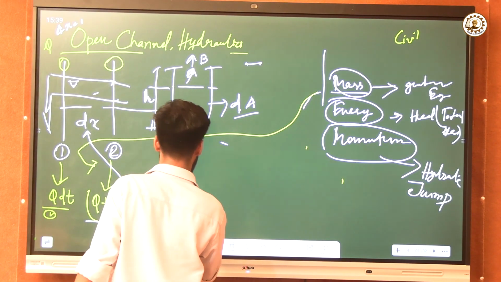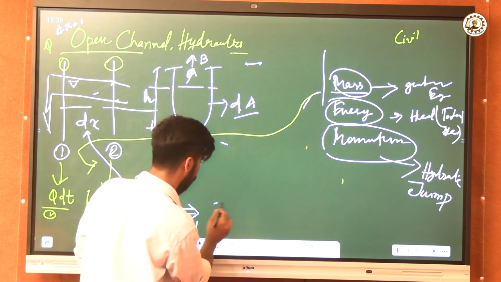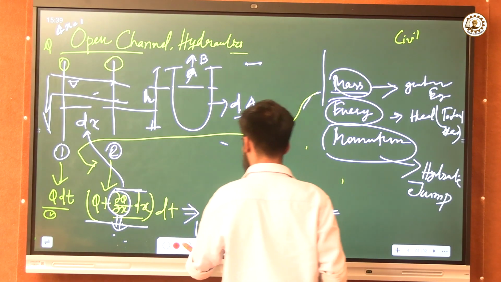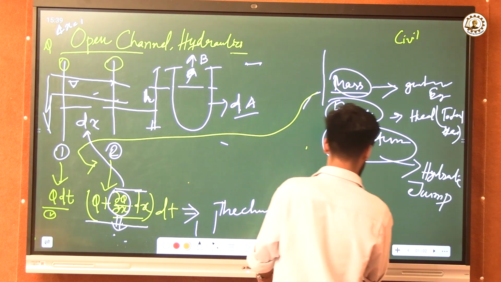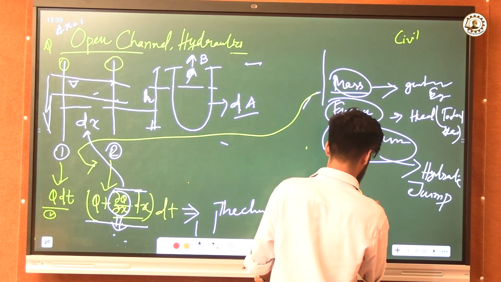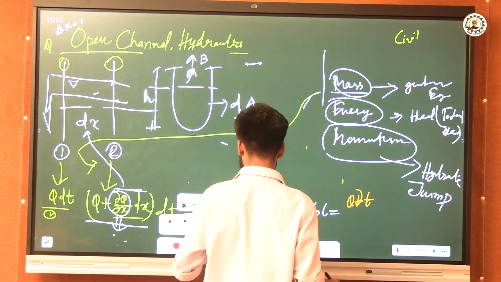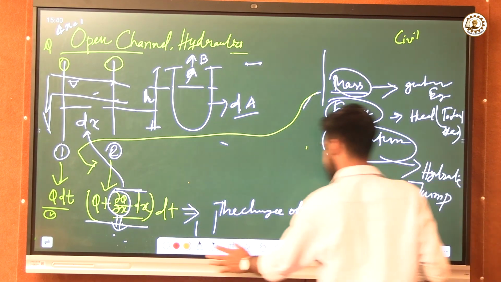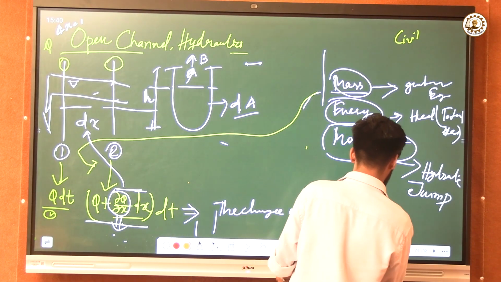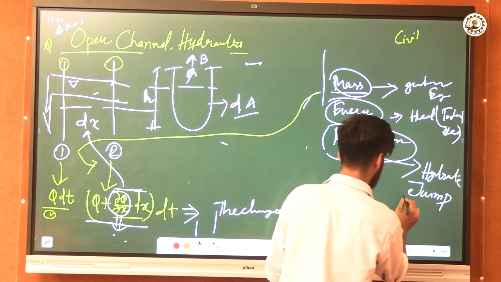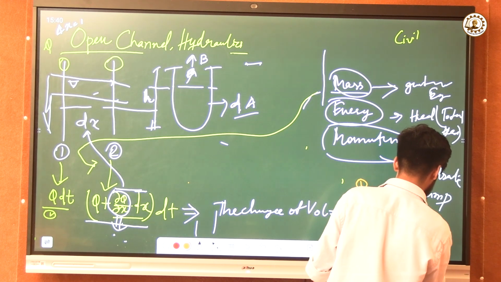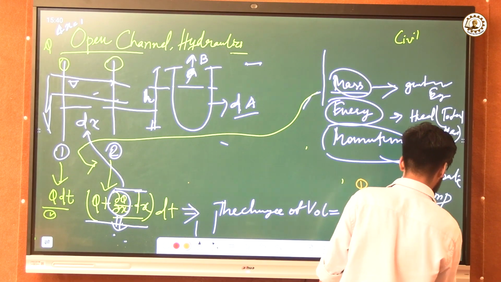Now in that part we can get the change of the volume, which is nothing but Q dt minus, this is for section 1, this is for section 2, Q plus del Q del x into dx into dt.